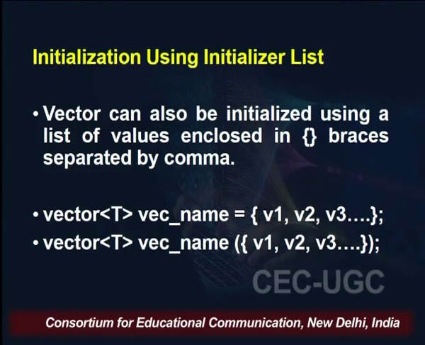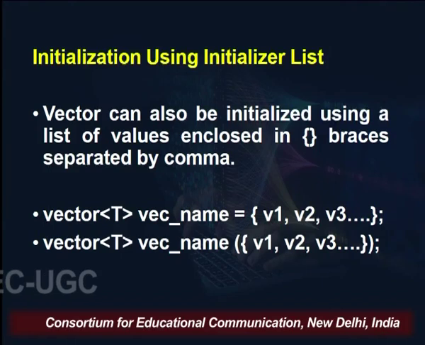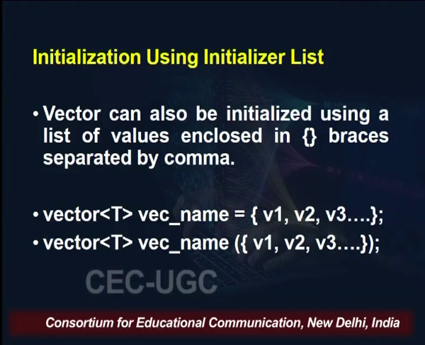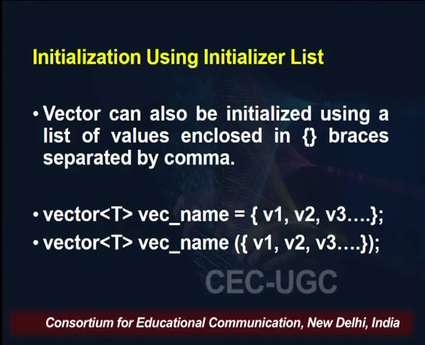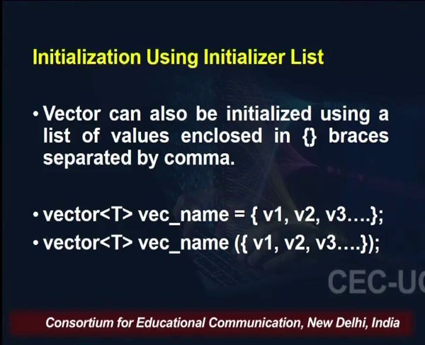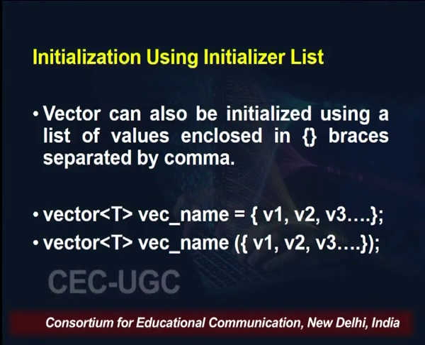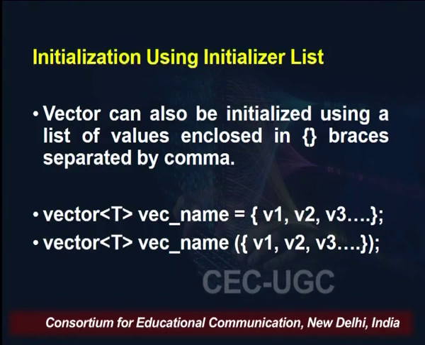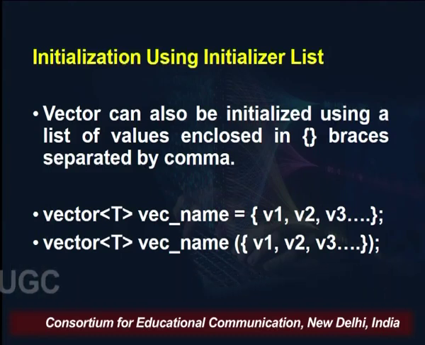The syntax which is going to be used is available here on the screen. We can write vector, then within angle brackets T, as in the data type, then the vector name is equal to, and the list v1, v2, v3, whatever number of elements you want, within the curly brackets.